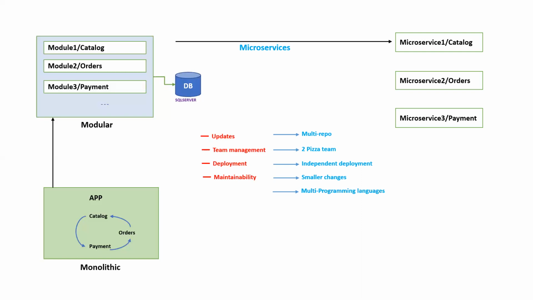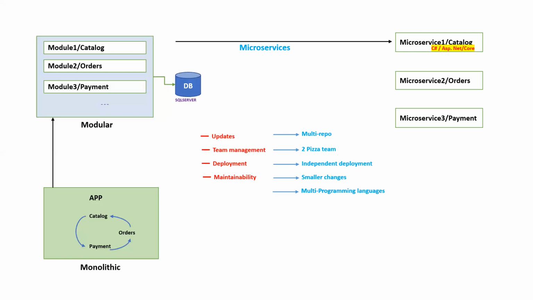Coming to another feature: multiple programming languages. When it comes to monolithic or modular, you certainly need to select one language, and all the teams should work in the same language, either C Sharp, ASP.NET, Java, or Angular or React. But with microservices, as I mentioned, each is an independent component, so you can choose different programming languages.